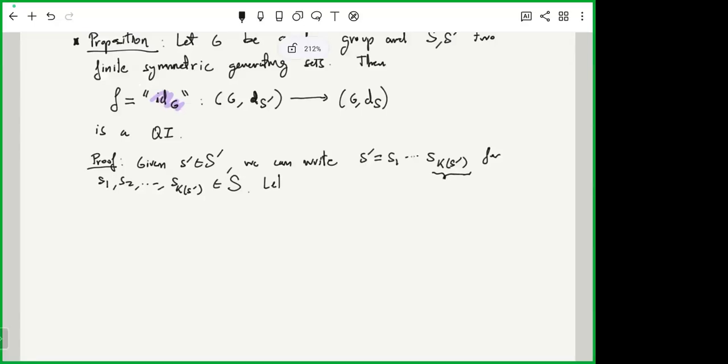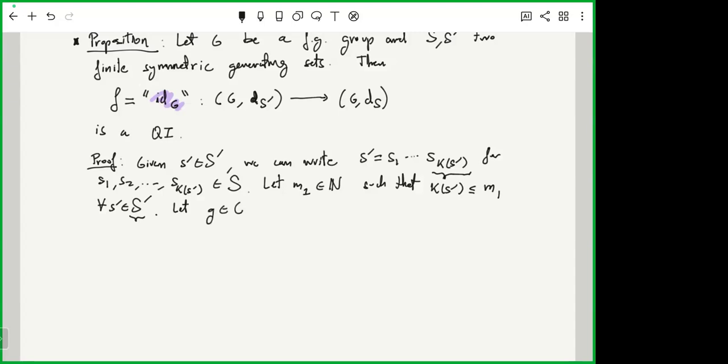So let M1 be a natural number such that k of s prime is at most M1 for every s prime in S prime. I can do this because S prime is finite. So we wrote every element of S prime as a product of at most M1 elements of S.